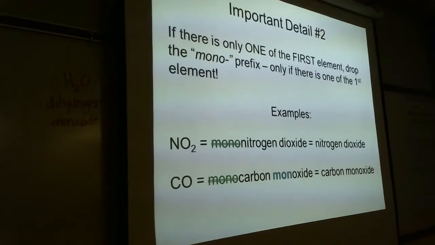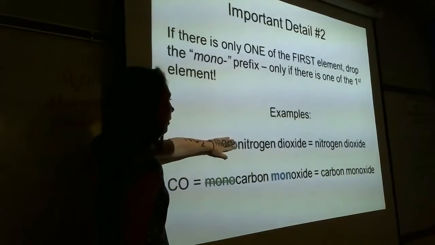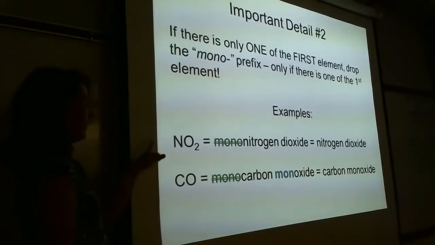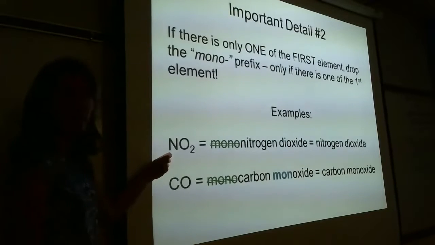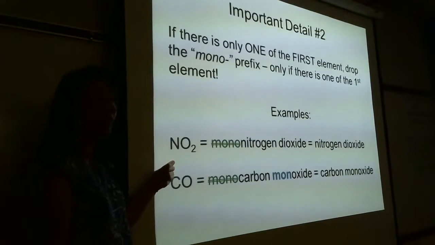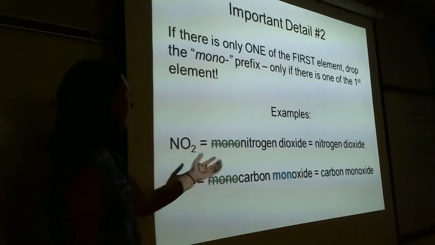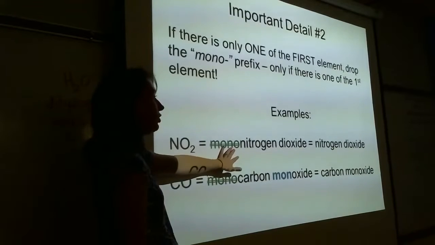Okay, here's another important detail. If there's only one of the first element, we drop the mono, only if it's the first element. So for instance, NO2 is nitrogen dioxide. Think about CO2, that's carbon dioxide, right? It's not monocarbon dioxide, it's just carbon dioxide. Same thing here. It's not mononitrogen dioxide, it's just nitrogen dioxide.